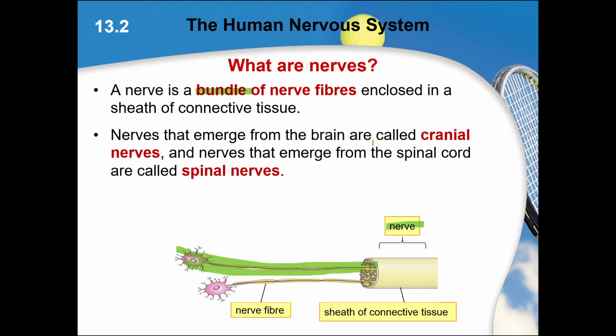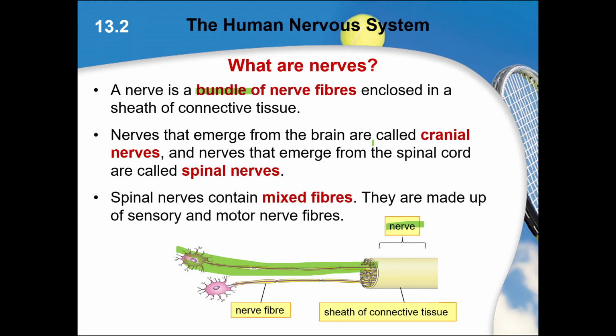Nerves that emerge from the brain we call the cranial nerves. Nerves that allow us to blink our eyes, to move our mouth, to listen, all these are cranial nerves. Nerves that emerge from the spinal cord, such as nerves that allow us to move our legs, our fingers, our hands and our arms, those are spinal nerves.